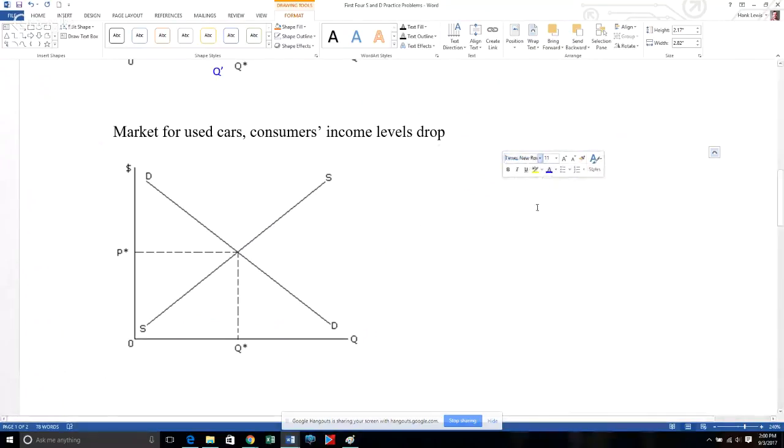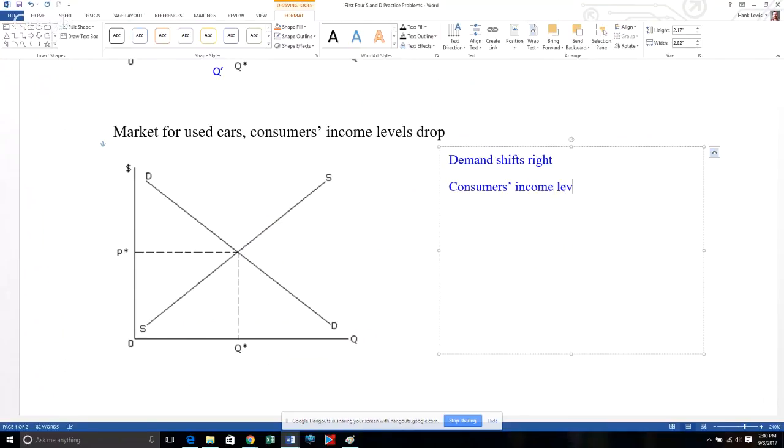The reason they will is they cannot afford the normal or the superior goods. And so demand for the inferior goods is going to shift to the right. The reason why is consumers' income levels drop, and these are inferior goods.